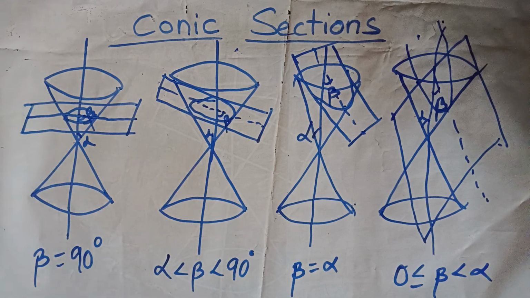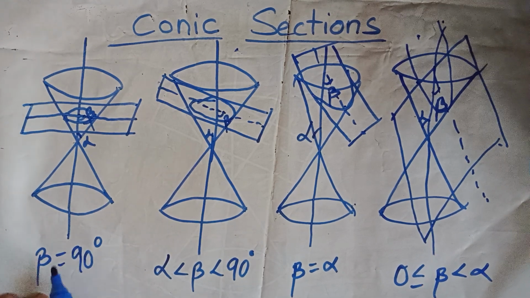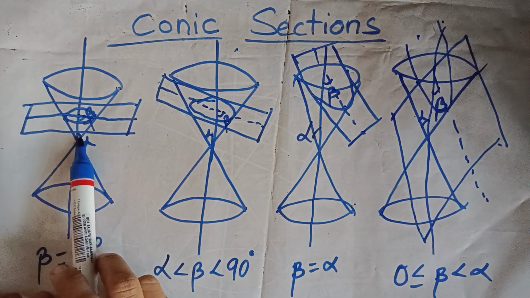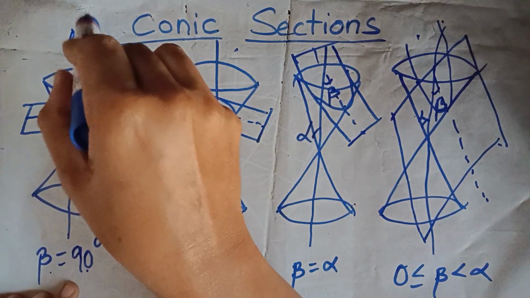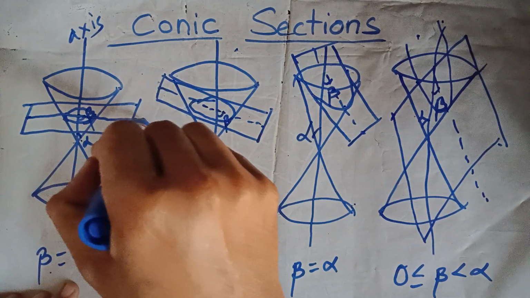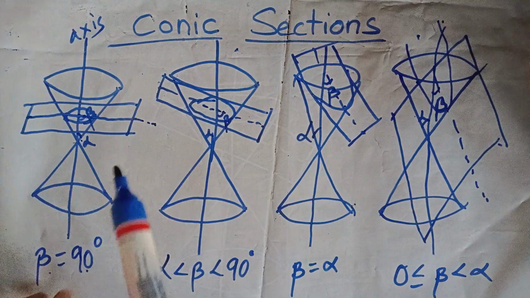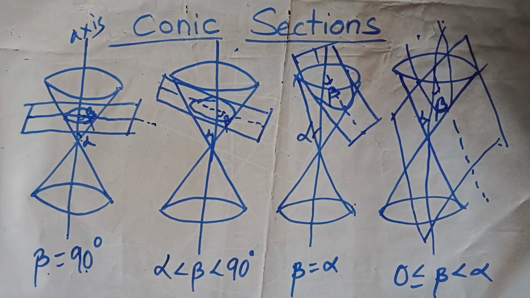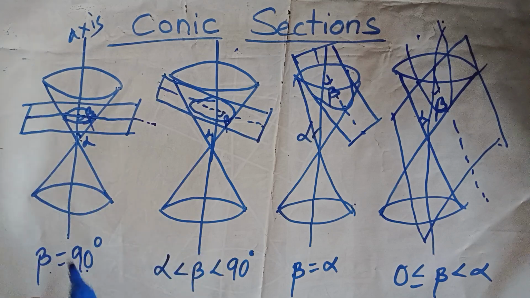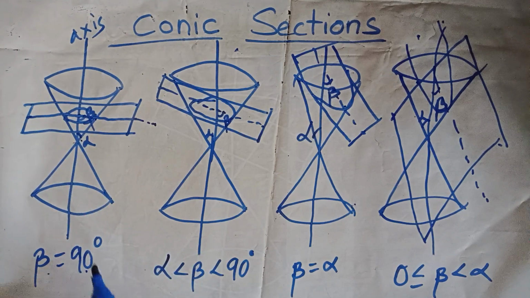So we have four cases. In the first case, when beta is 90 degrees. This is angle alpha, this is the axis of this right circular cone, and this is the axis of the plane. Wherever they meet, they make an angle, and that angle is beta. Beta is 90 degrees.